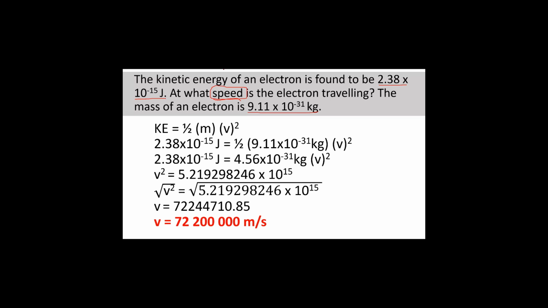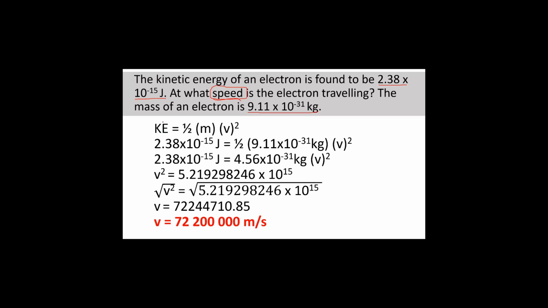And that is the velocity of the electron while traveling if the kinetic energy is equal to 2.38 times 10 to the power of negative 15 joules. Okay, so that is the kinetic energy.